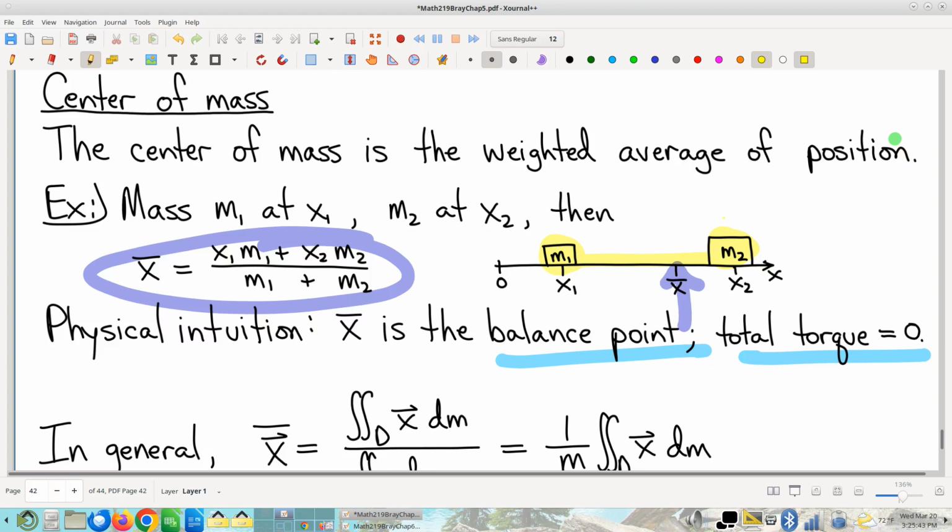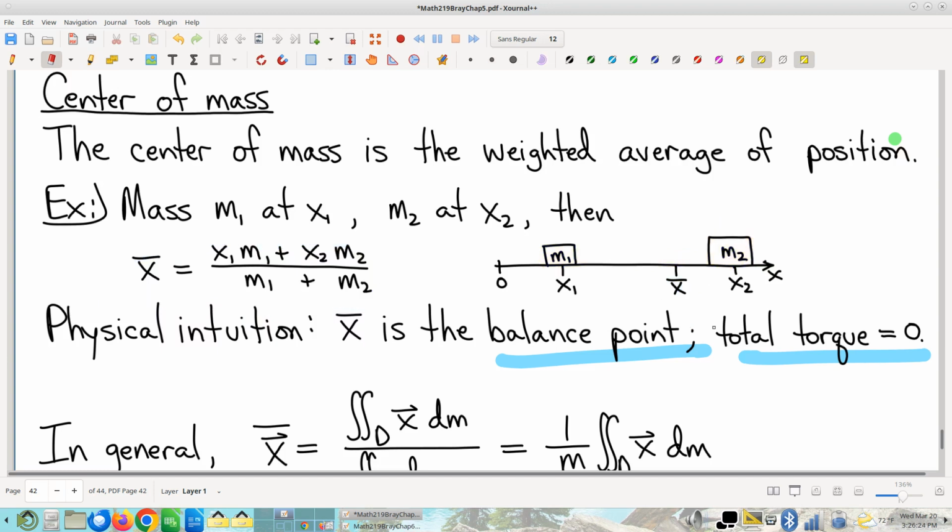In other words, if you look at the counterclockwise torque that the first mass creates, and the clockwise torque the second mass creates, when you have your finger exactly at the point defined by that formula over there, the weighted average of position, center of mass, what you'll find is that the total torque is 0. In other words, that it balances. Now that's a little exercise, by the way, and if you know what torque is, and if you've seen that physics before, then you can literally write down torque equals 0, solve for x bar, and you will get that formula right there.